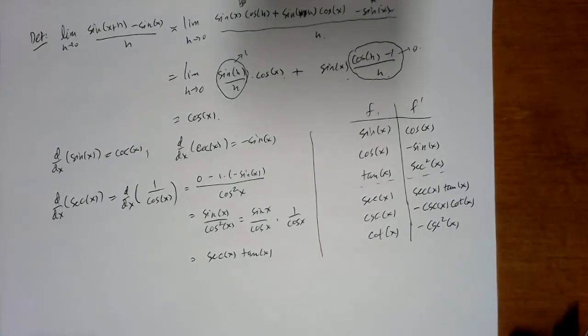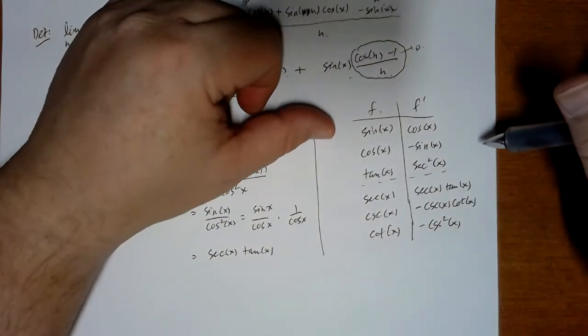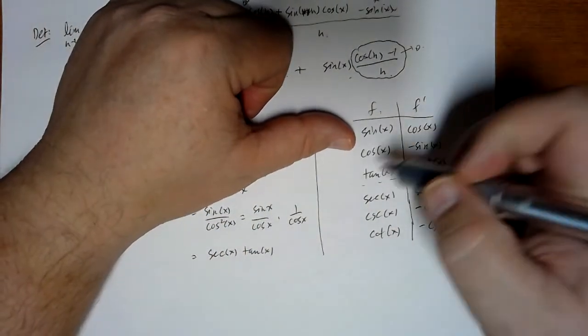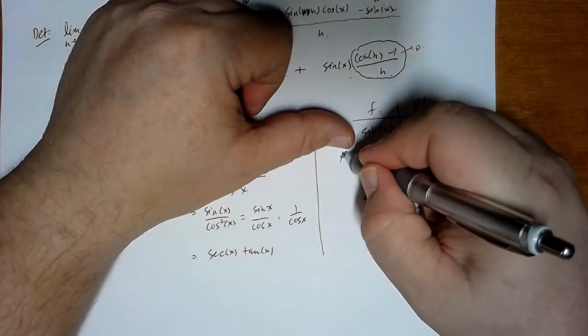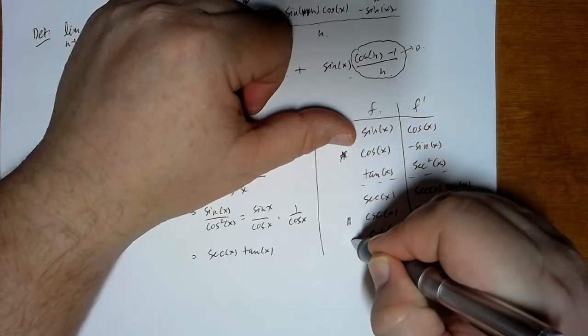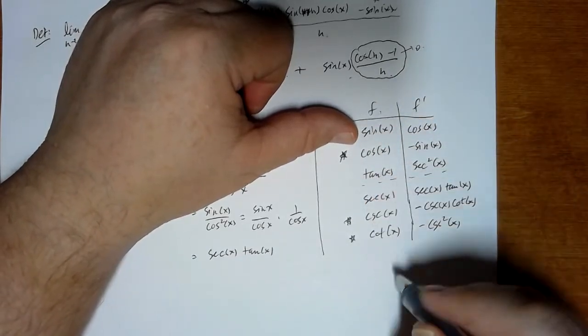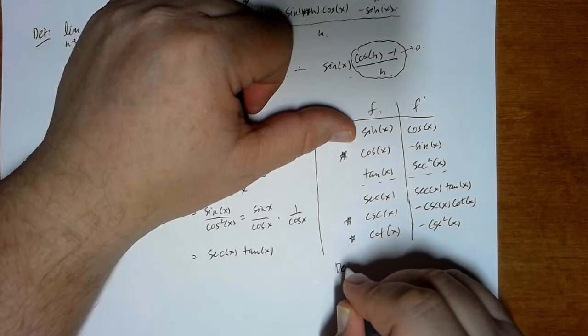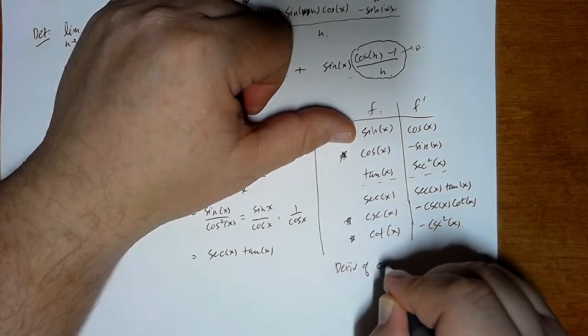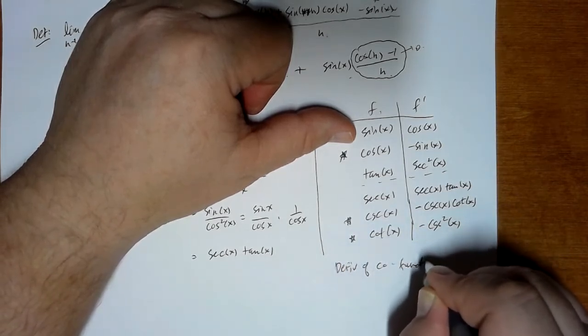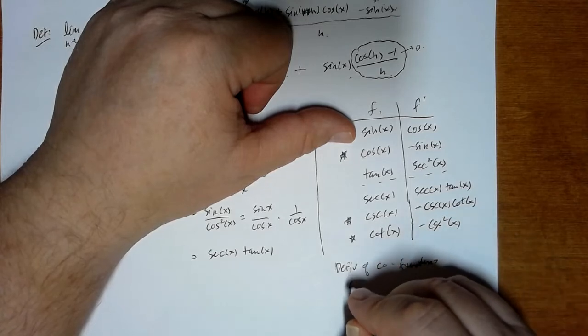Okay, now as you're looking at these, the main thing to remember here is the derivative of the co-functions. The derivative of the co-functions are multiplied by minus 1.